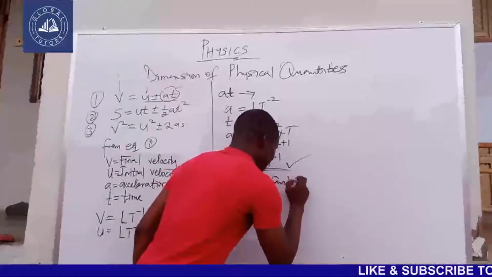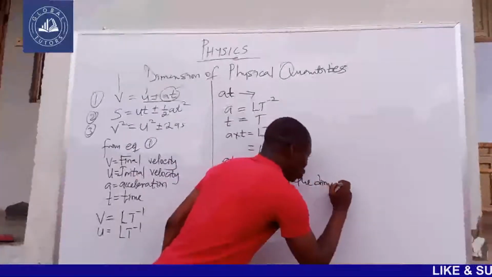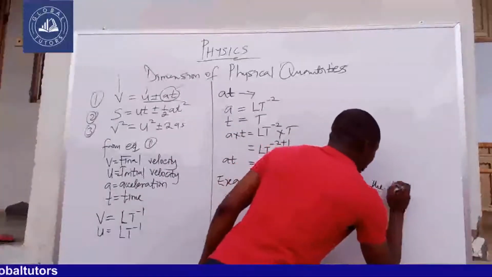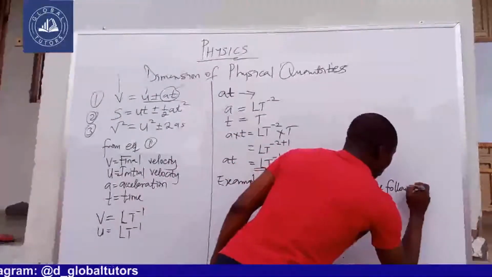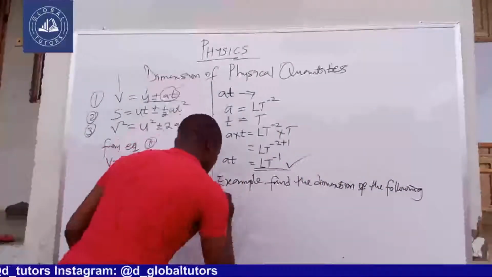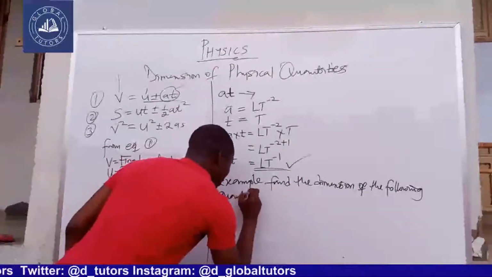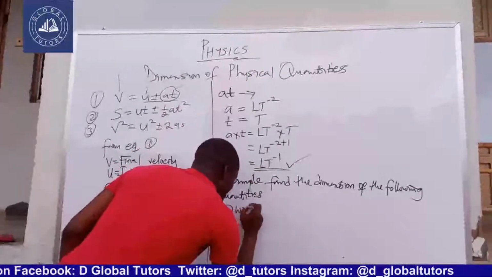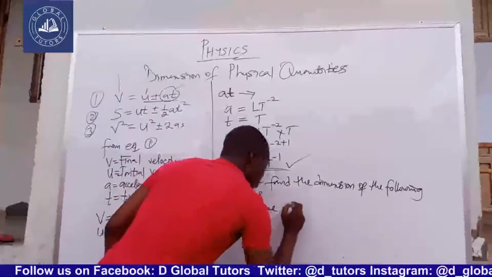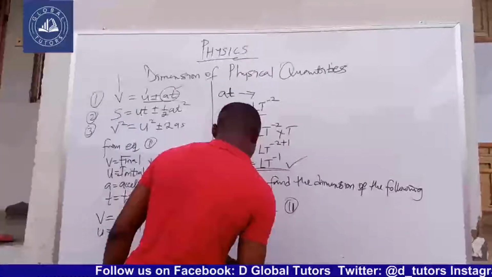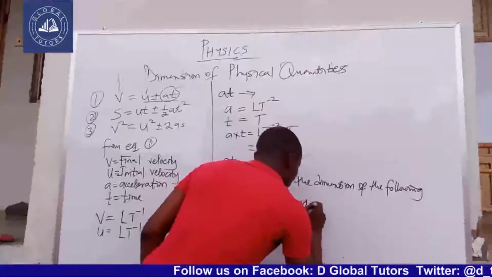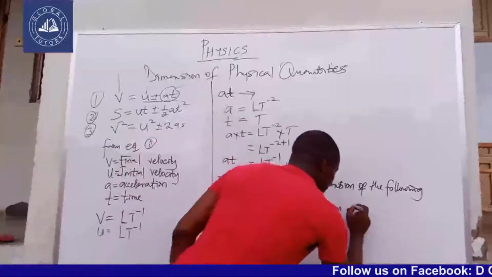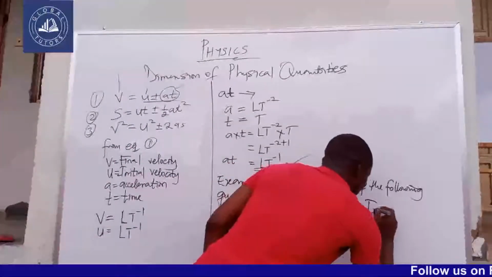Find the dimension of the following quantities. 1. Work done. 2. Momentum. And 3. Impulse.